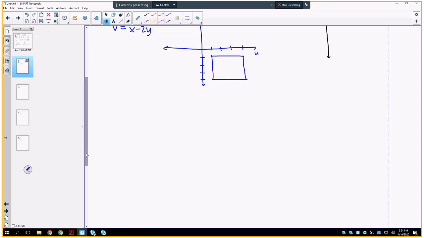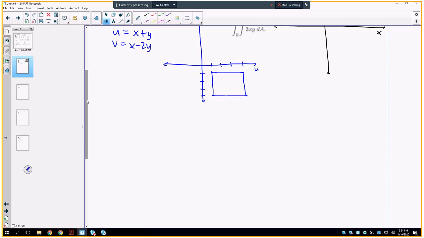So if u is equal to x plus y, then my Jacobian is the determinant of the matrix del x del u, del x del v, and so on. I'm going to need to solve for x and y in order to find these.